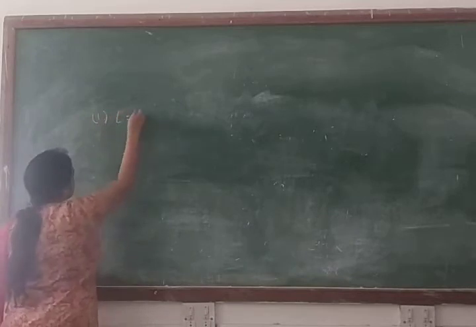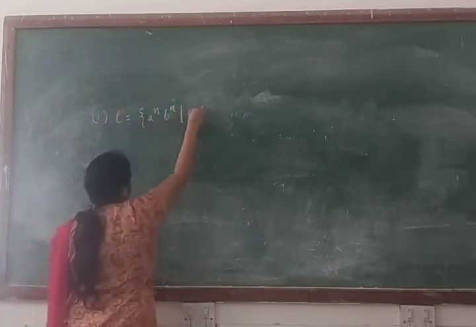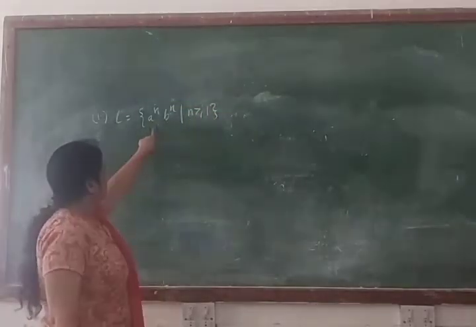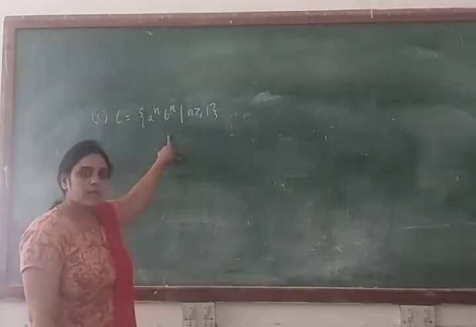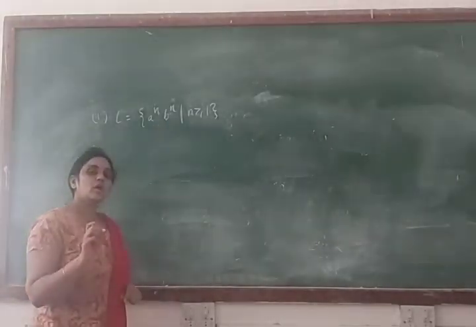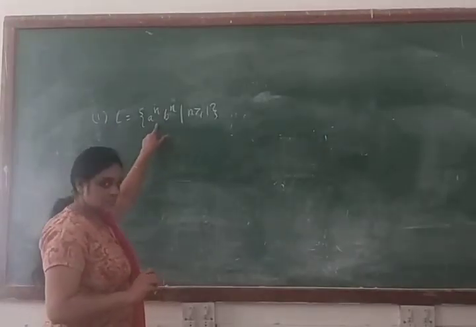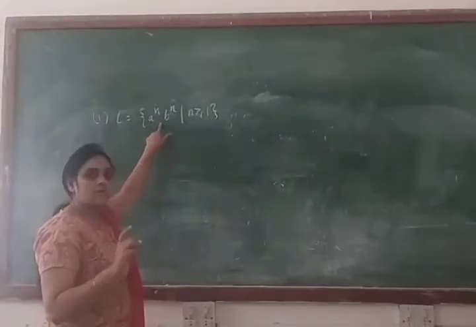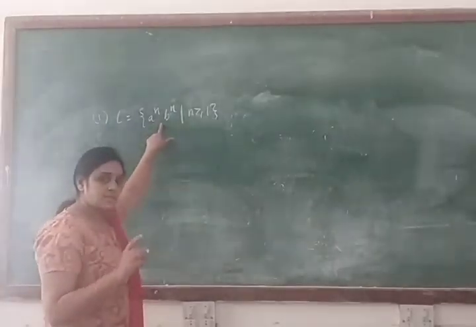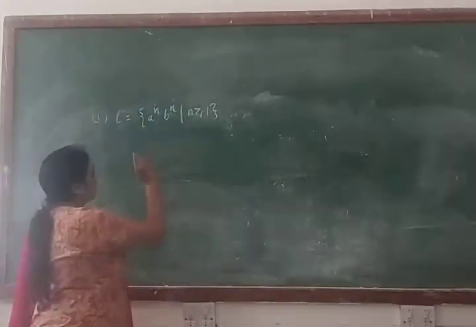Suppose you have the language a raised to power n, b raised to power n, where n is greater than or equal to 1. In that case, first we have to identify how many alphabet you are using. Here you can easily see that you are using two alphabet, small a and small b. Then in the next step you will identify what conditions you are applying on these alphabet. So here you are applying two conditions.